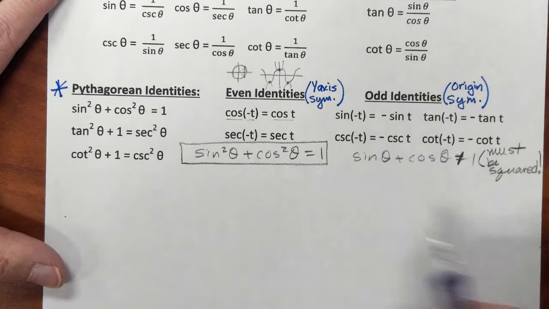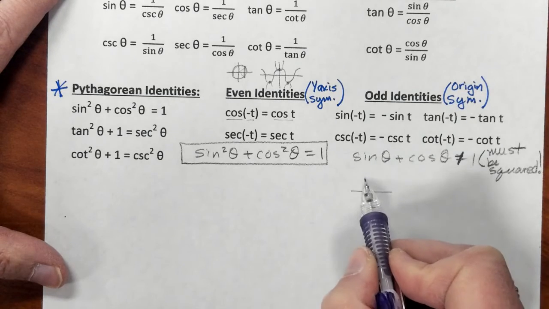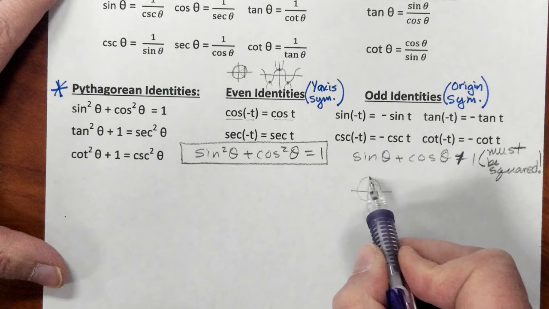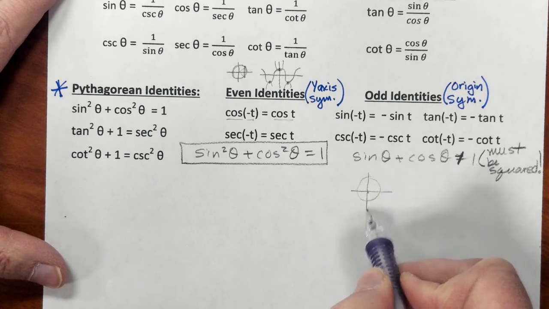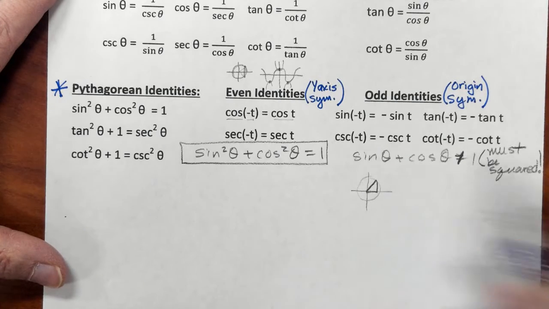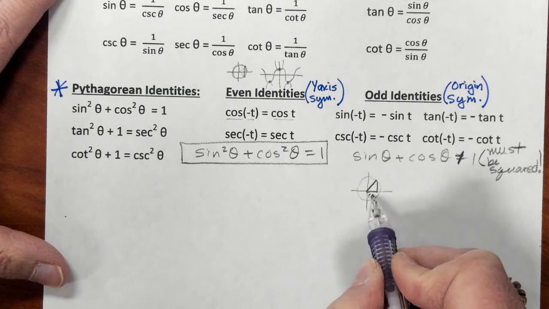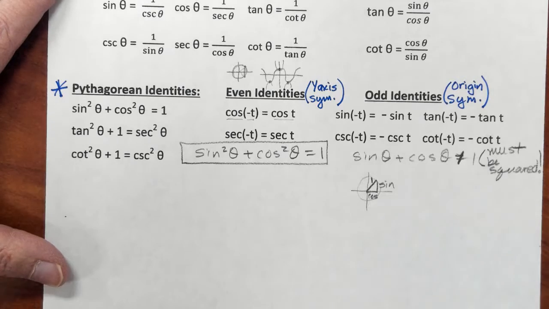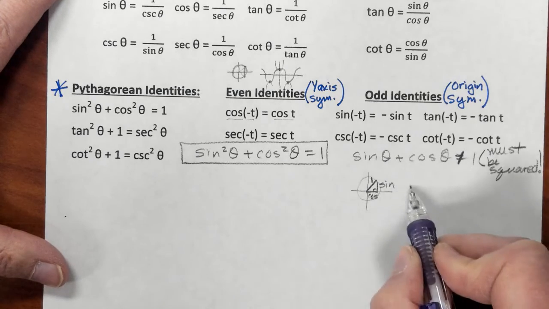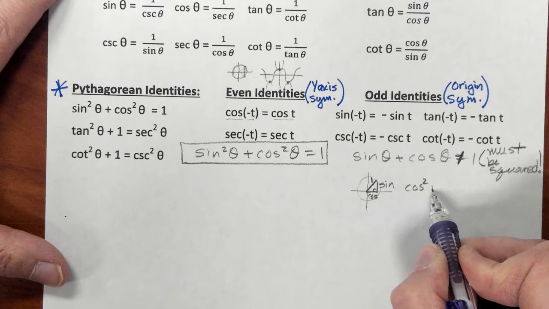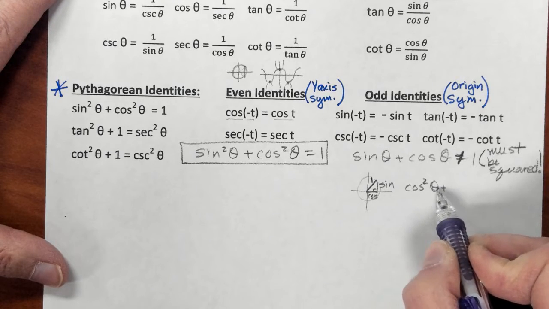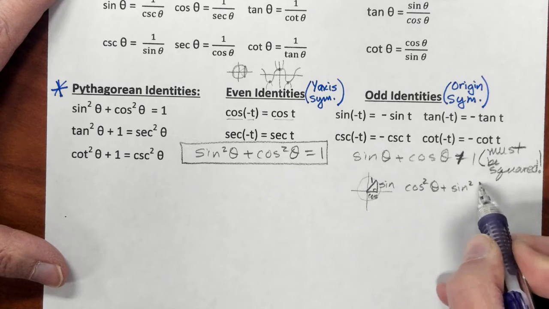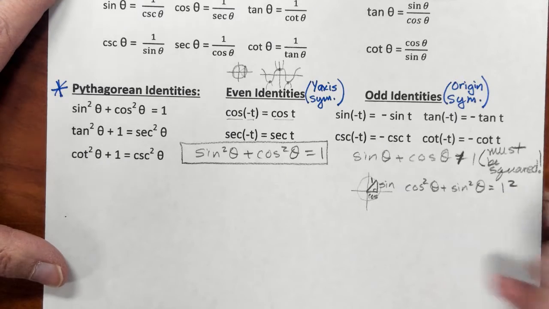This isn't anything new, really. When we had our triangles and we had the cosine value and we had a sine value and we had a 1 for the radius, it was a unit circle, that's a right triangle. We would say cosine squared plus sine squared equals 1 squared.